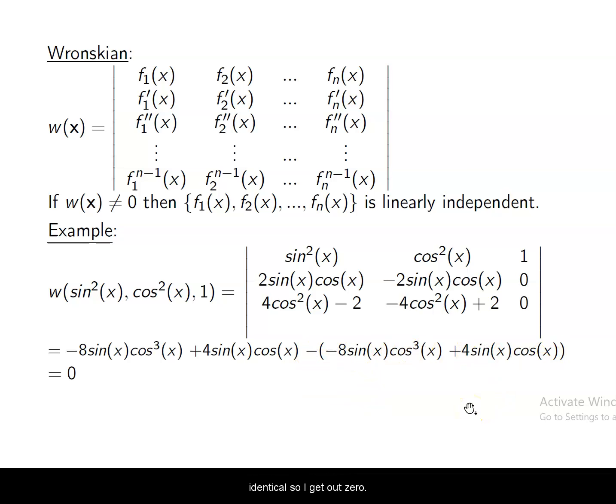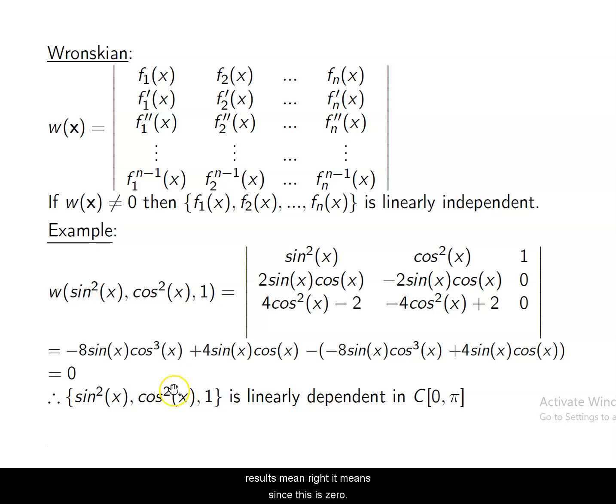So I get out 0. Super easy, super fast. Super easy to understand what the results mean, right? It means, since this is 0, that this set of vectors is linearly dependent in this vector space. Okay, and that's it. Hope you enjoyed this short video.